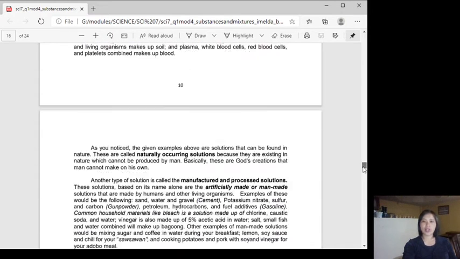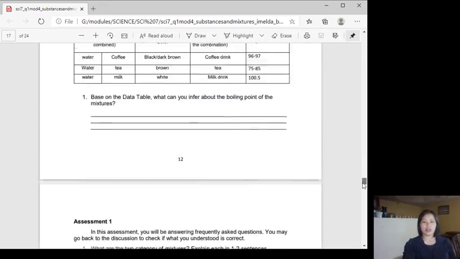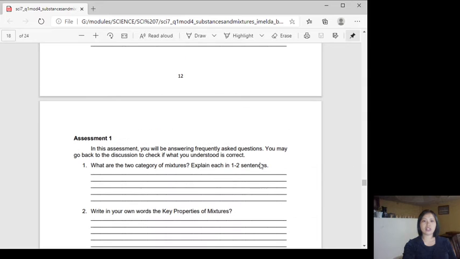After the discussion part, we move on to the assessment. This is what you are supposed to do. After reading the module, you are going to answer. You do not go directly to the key answer and then just copy everything you can see in the key answer.